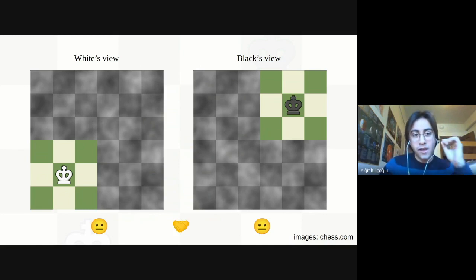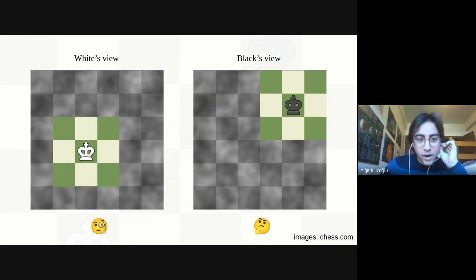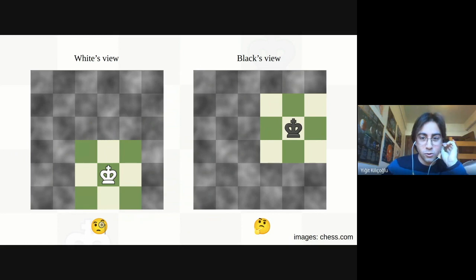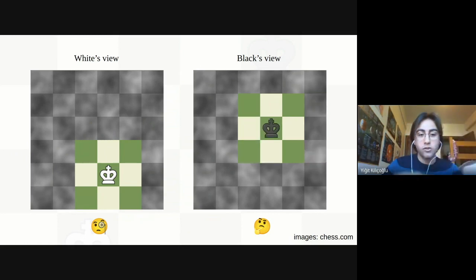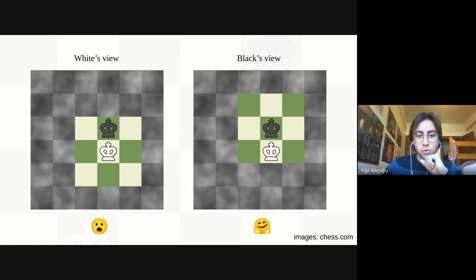Okay, good luck, everyone. So in the first step, white makes a move, doesn't see anyone, and then black makes a move, doesn't see anyone, and it just goes on and on until white makes the mistake. Again, it doesn't know at all where black is. White makes the mistake of stepping into the black's vicinity. And at this point, as you can see, the black king appeared on the white's view, and the white king appeared on the black's view.